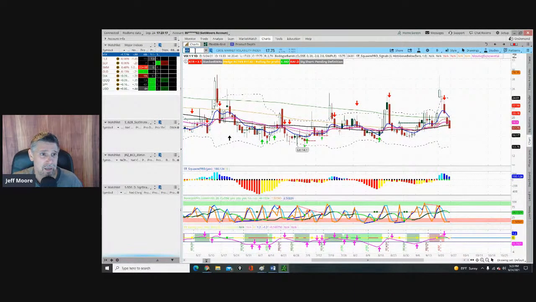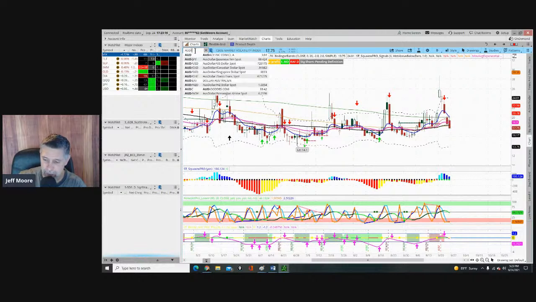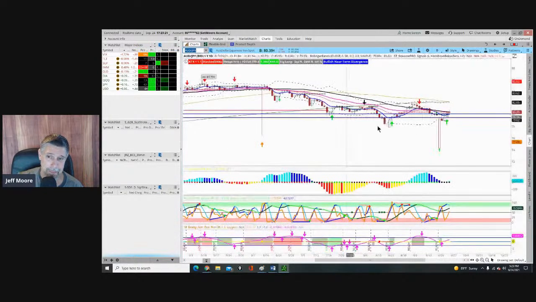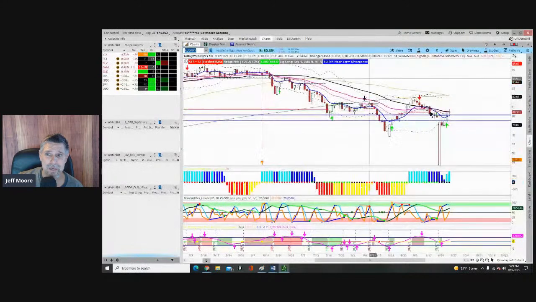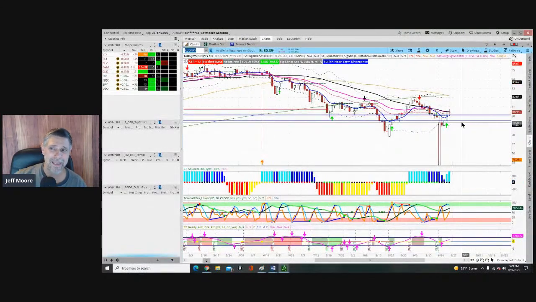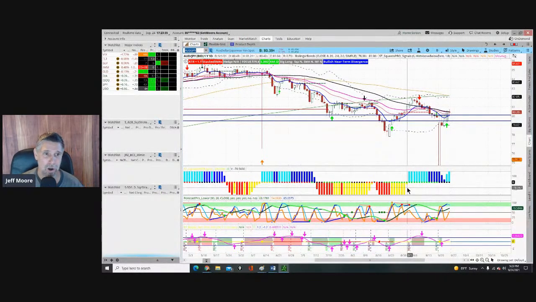So the VIX was down today. That's good. You guys know I like to look at this pair, the Aussie Japanese yen. Now, the Aussie Japanese yen, tiny little baby candle, it was up a little bit, or kind of flat. But look, it's right underneath the 50. I want to see this pair break through it. You guys know you've got to watch the Aussie, the Australian dollar. When people are buying the Australian dollar, they're happy.